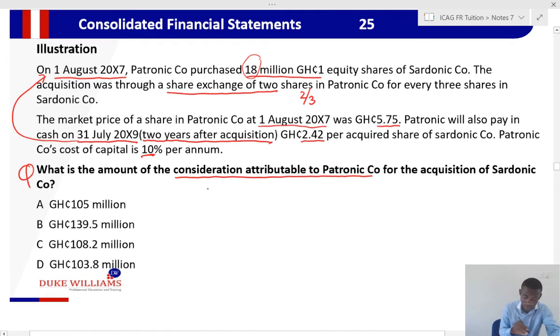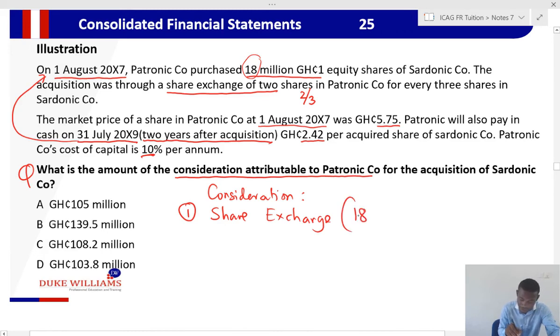So quickly, the consideration would be 1, share exchange, and the share exchange is the number of shares acquired, which is 18 million, times the ratio 2 over 3, times the share price of Pantronic shares.